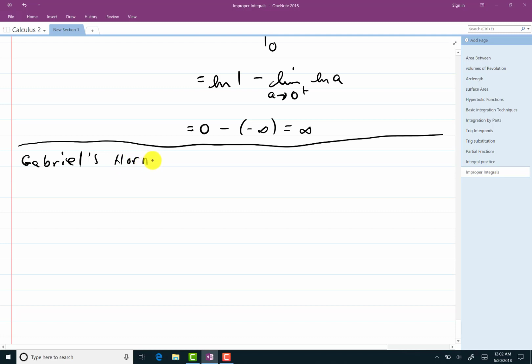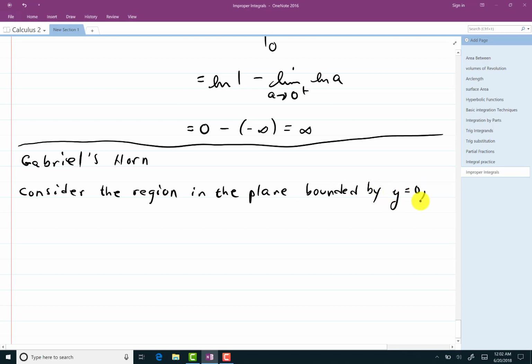What we do is, I want you to consider the region in the plane bounded by y equals 0, x equals 1, and y equals 1 over x.